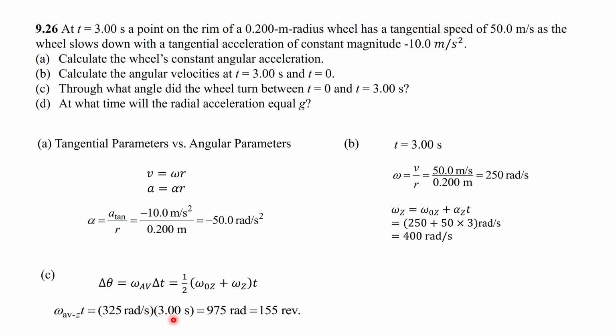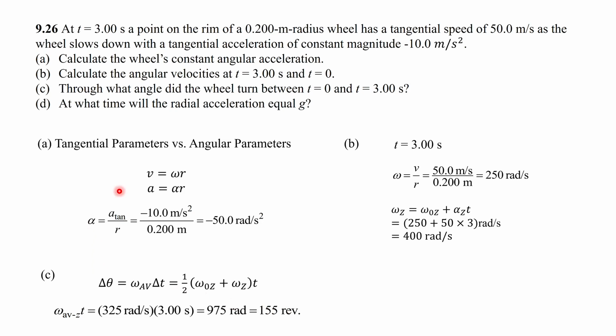So we multiply them together, and we get the angle in radians. We know each revolution is 2 pi, so we can divide this number by 2 pi, and we get how many circles it takes for this motion. Okay, these are the first 3 questions, and the last one is a little bit tricky.